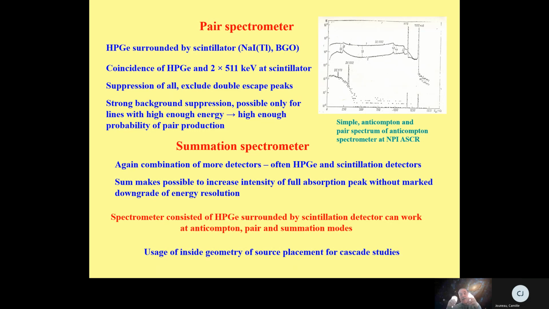The part which is detected in scintillation detectors, because it is very often for a high energy photon that you will have Compton scattering or pair production. That means after Compton scattering, some part of the energy goes to these scintillation detectors.